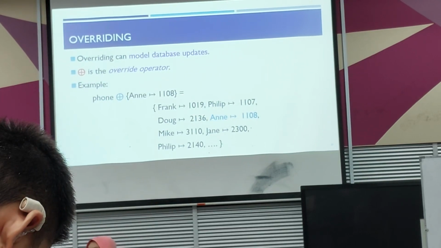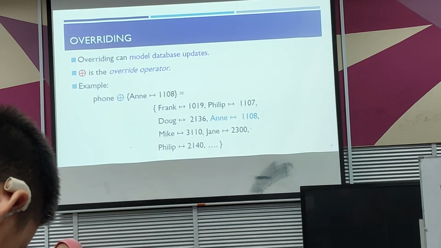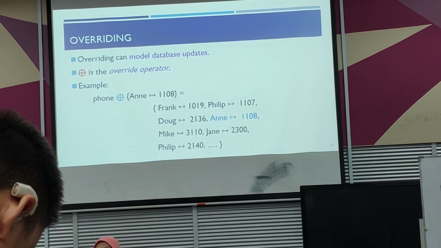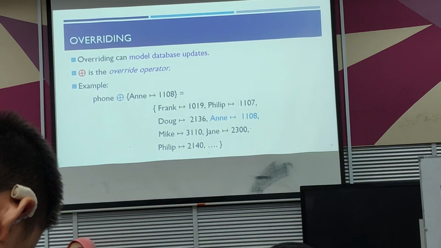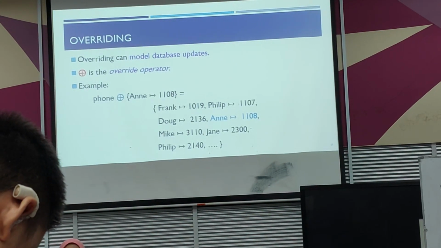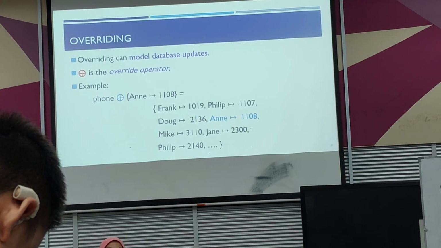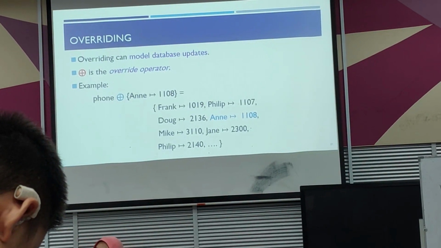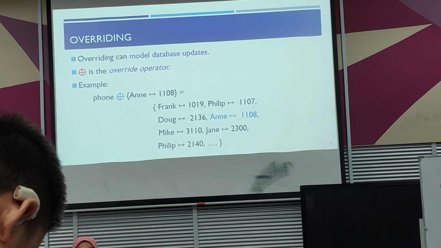Okay, but override is something like, sometimes you didn't realize that the data does not exist, but you thought it already exists. So that's why when you do operation schema, when you want to override, you have to do checking whether the data exists or not, so that you don't add a record accidentally. Because when you want to add a record, normally you use union, then you check that the data must not exist yet. But if you want to override, the data must exist so that you can update the record.